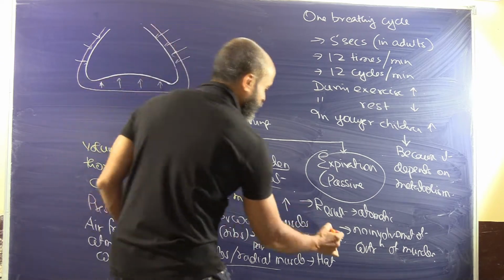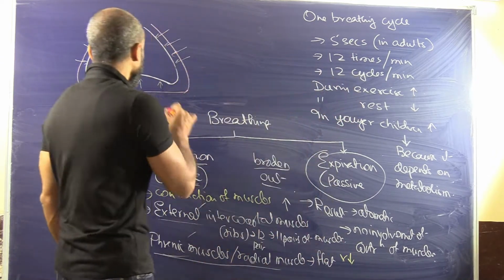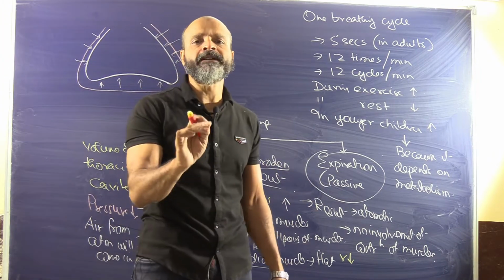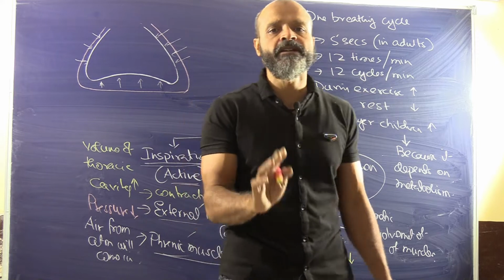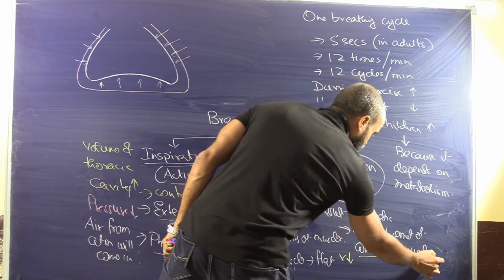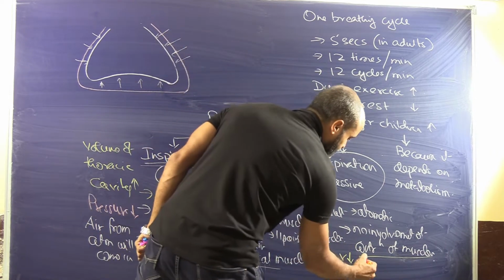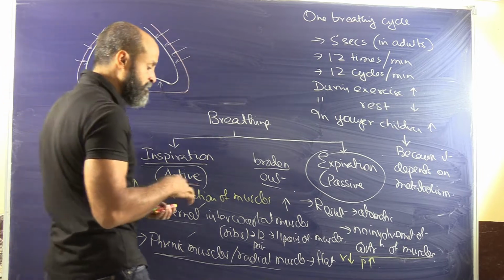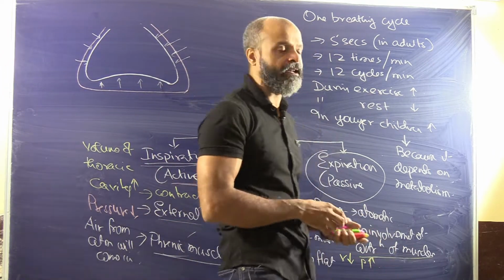So the volume decreases during normal expiration, which is known as a passive process because it doesn't involve any direct contraction of muscles. The volume decreases and hence pressure increases. The pressure becomes more than the atmospheric pressure and the air gushes out.